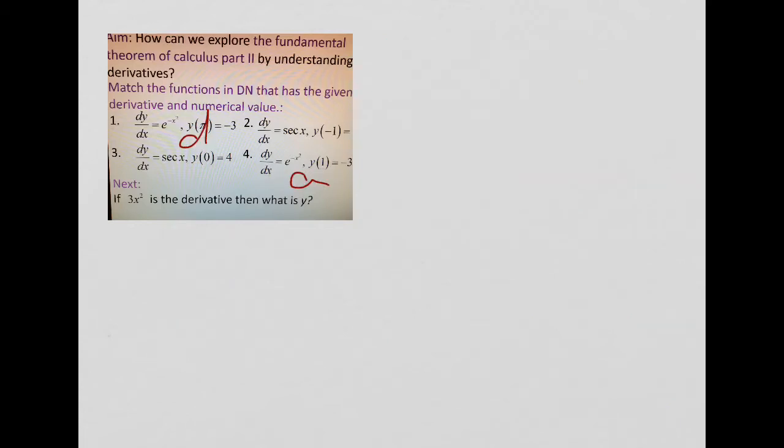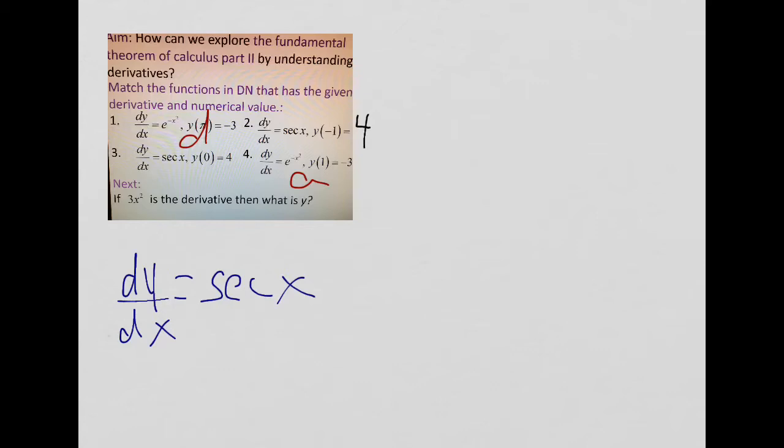So now you must have noticed that B and C had the same answer in the Do Now. So dy over dx is secant of x. So now in number 2, I cut it off, but it says that y of negative 1 equals 4, whereas number 3 is the same answer of dy over dx, but y of 0 equals 4.